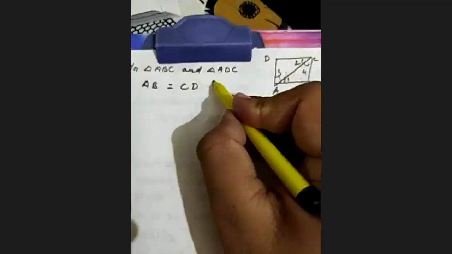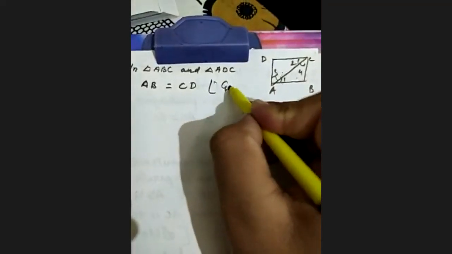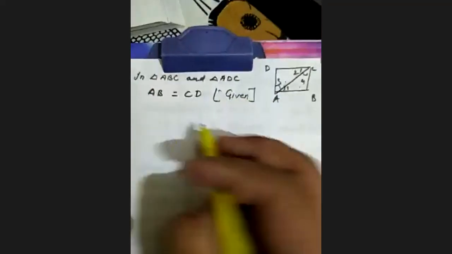So first we take the side: side AB is equal to side CD. How? Because it is already mentioned in the question that opposite sides are equal. So here you write given.